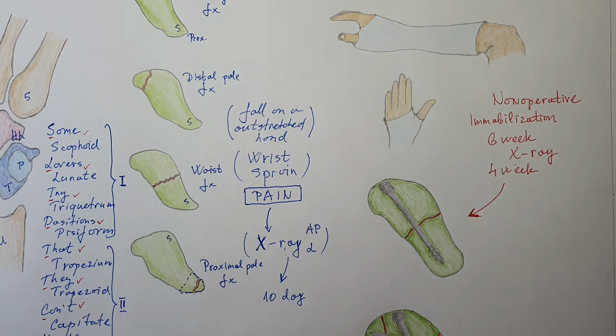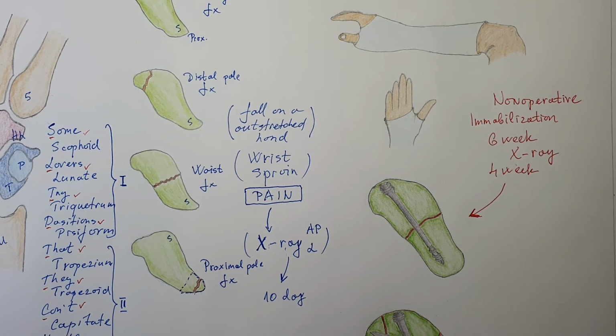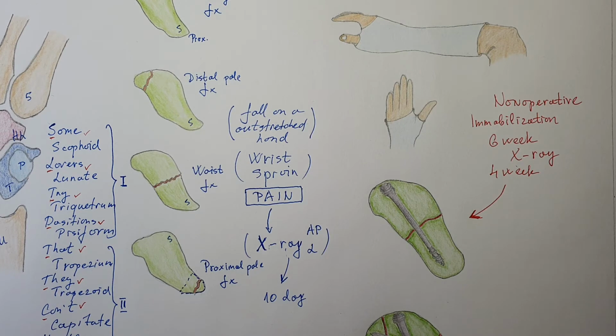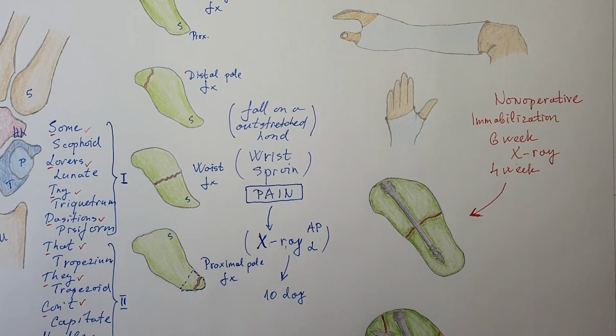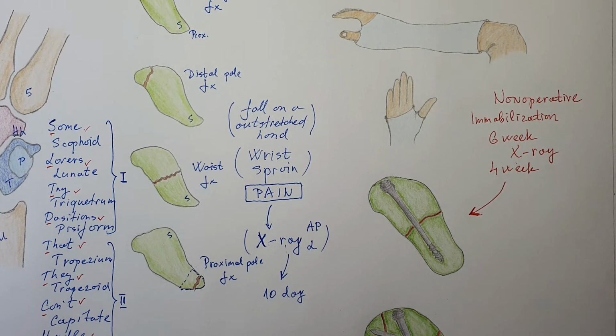So that would be one clinical sign, and also radiological, you wouldn't see real union at the bone fracture site. If there is union, the patient will proceed to physiotherapy, but if there is not, you will need an operation.